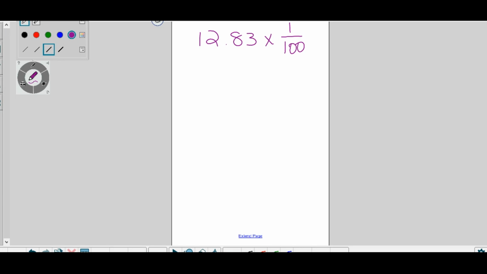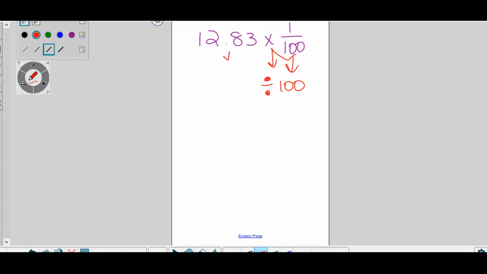So this is saying 12 and 83 hundredths times one hundredth. So here's Miss Rose's favorite thing to do: change this into a value. We're considering multiplying by a fraction to say divide by the denominator. So the denominator is 100. I'm dividing by that 100.